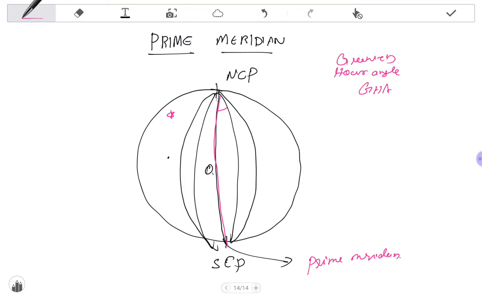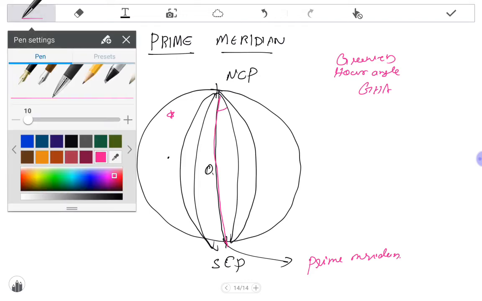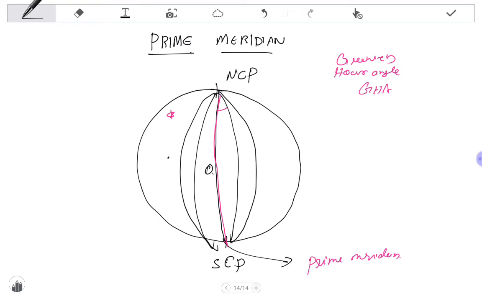This is our prime meridian or Greenwich meridian. There is a meridian passing through the celestial body. Let's highlight it with another color. So this is a celestial body, and one meridian is also passing through it.